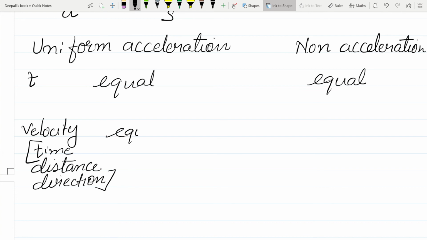In uniform acceleration it is equal, and here in non-uniform acceleration it is unequal.